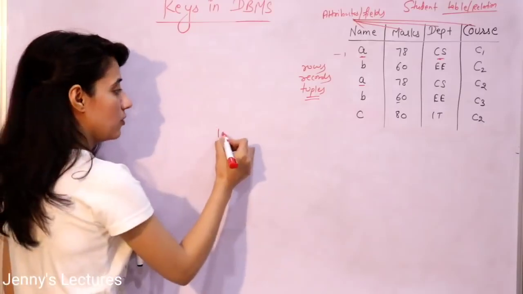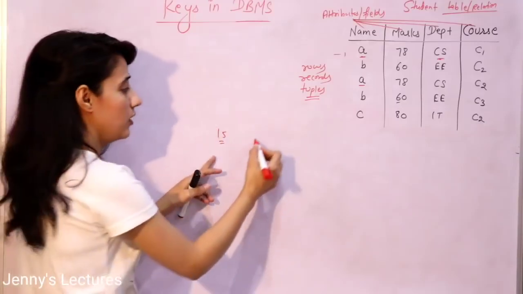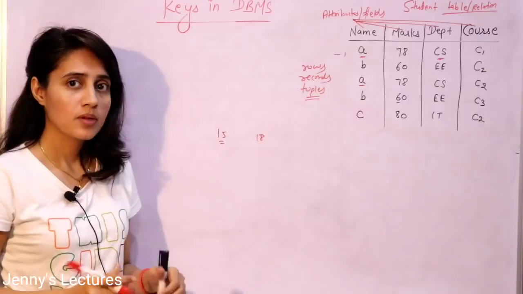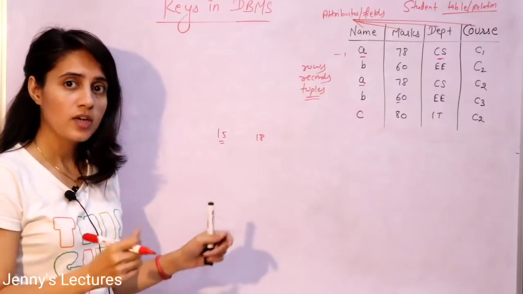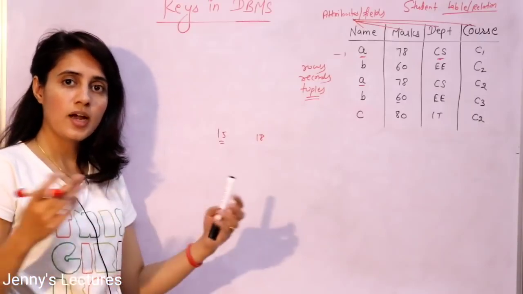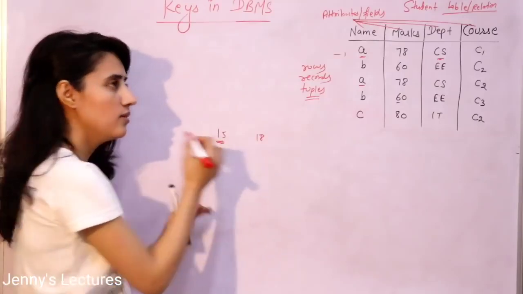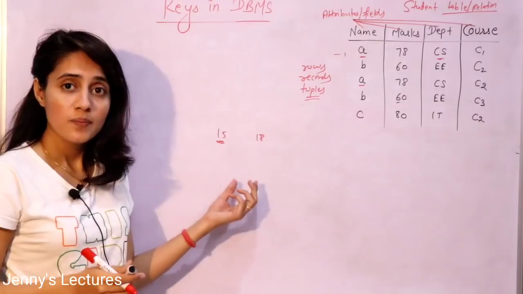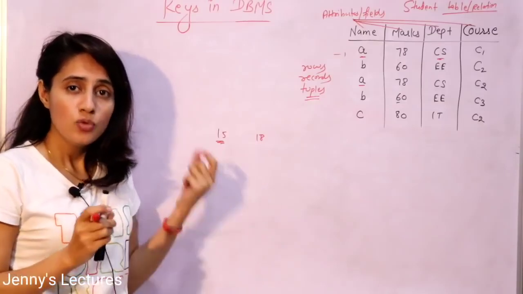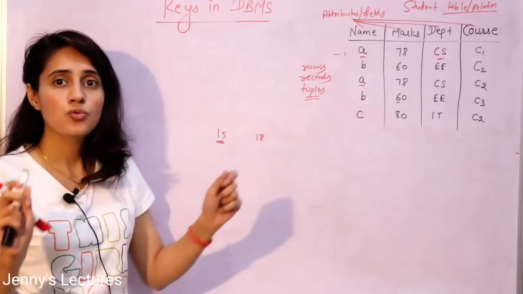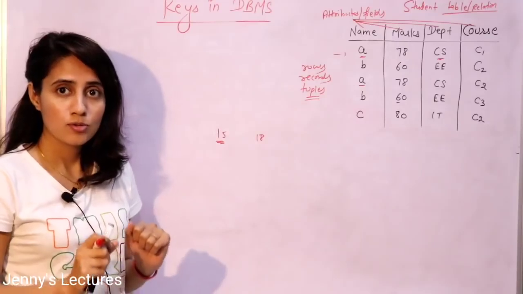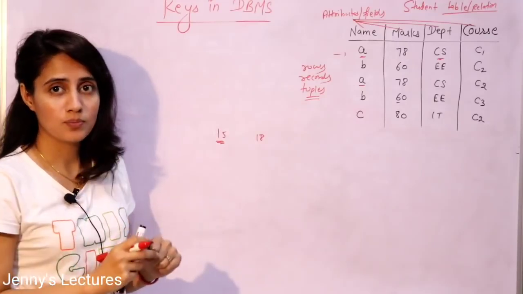Suppose the roll number of one is 15 and the roll number of another is 18. Now if I say roll number 15 answer this question, then obviously there is no problem. There is only one student having roll number 15. So using roll numbers I can uniquely identify each student in my class. So that is what a key is.